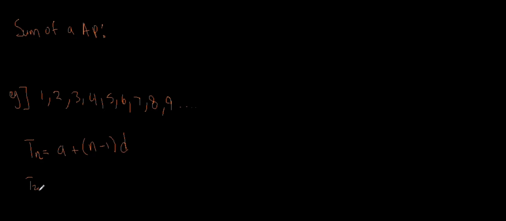So T20 in the AP, where I did it a bit different in the video yesterday, but the math worked out to be the same, so it doesn't matter. T20 would be 1 plus 19 by 1, which I expect to be 20 because it's increasing by 1.